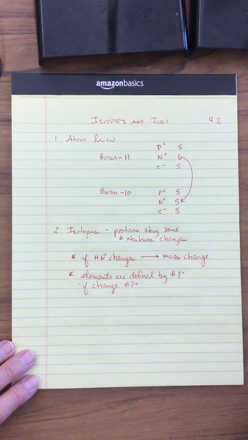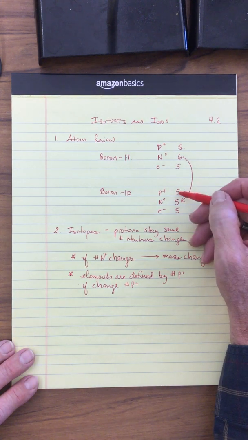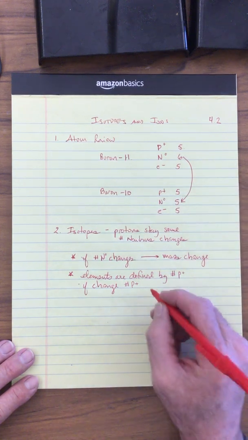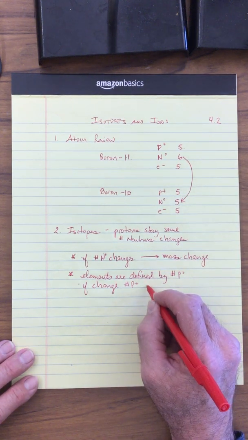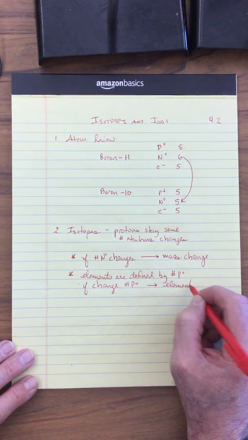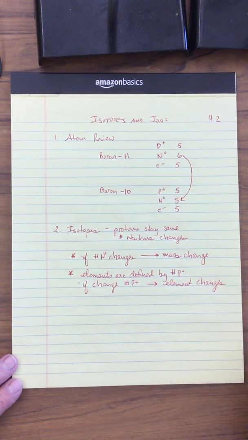We've changed the protons, it actually would become carbon, which is the next element on the periodic table. Take a look at your periodic table, again found on the class pages. If we go from element number 5 to element number 6, it's now carbon. Because remember, the number of protons is also called the atomic number, and that is very specific for each element. So if you change the number of protons, you're going to change the element. You have a different element if you change the number of protons.